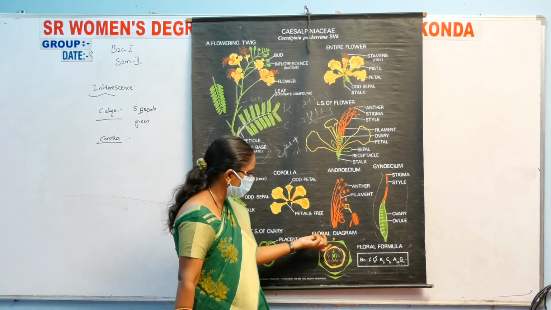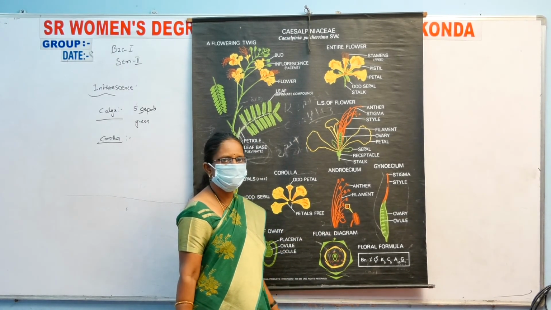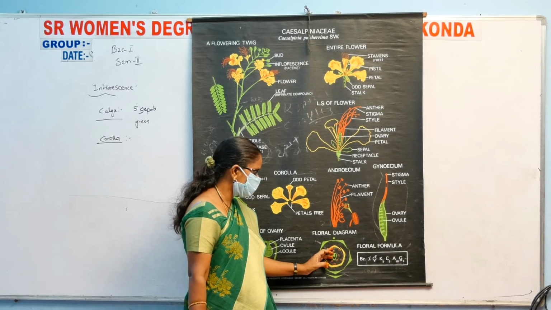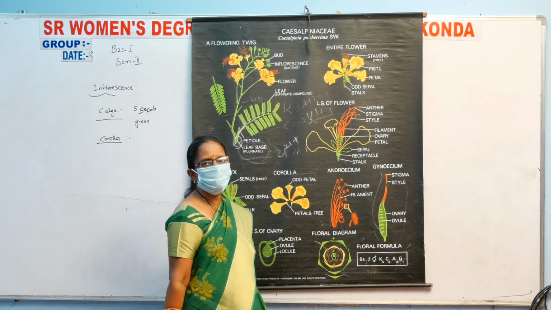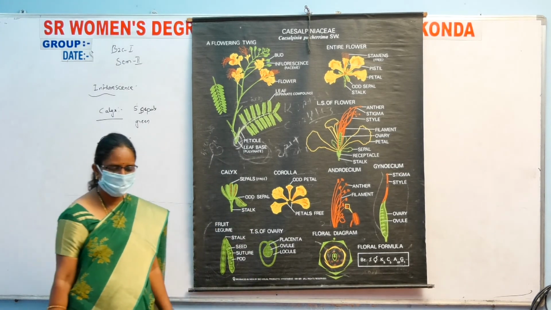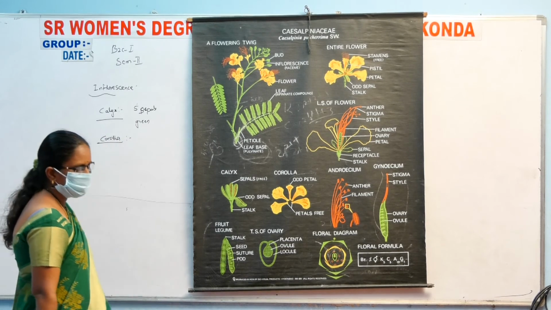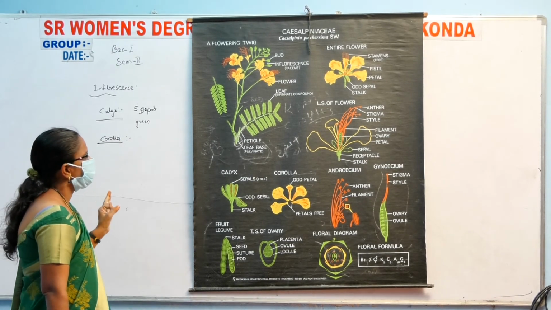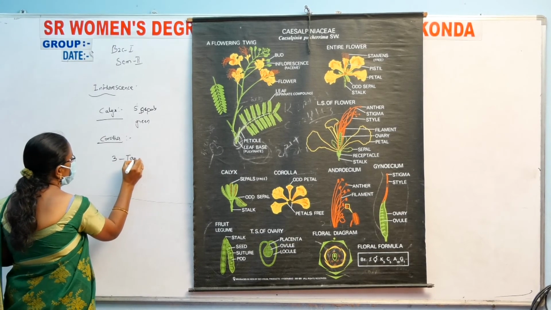In some types of plants, ascending imbricate estivation is also present. The odd petal is present at the posterior side of the flower. Only 3 petals are present in tamarind.